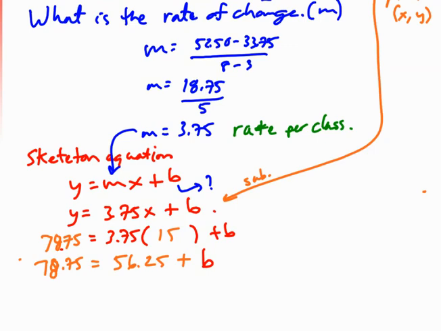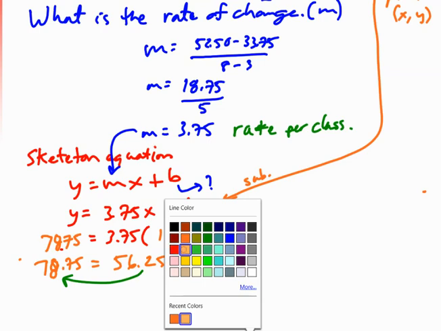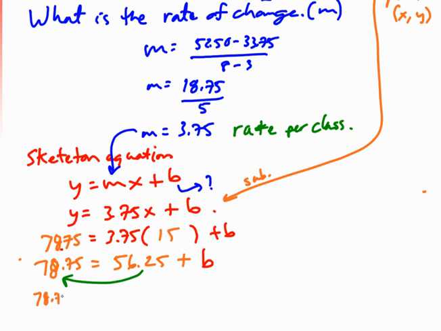Okay, so bring this over, and you're going to have 78.75 minus 56.25 equals b. 78.75 minus 56.25 equals 22.50 is their initial fee. So let's go back to our skeleton equation then.